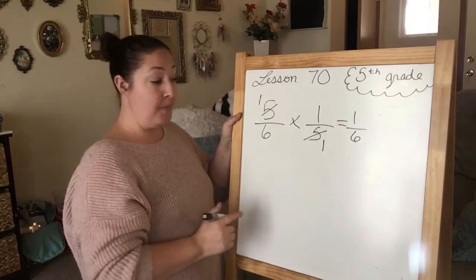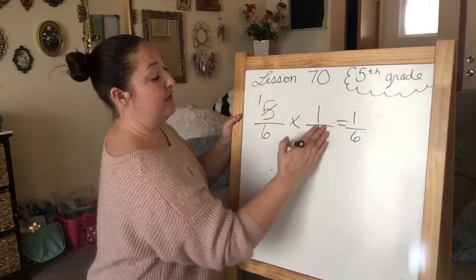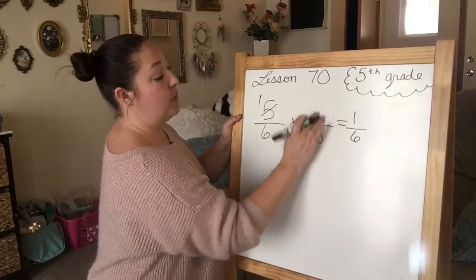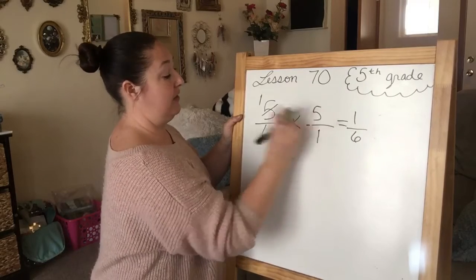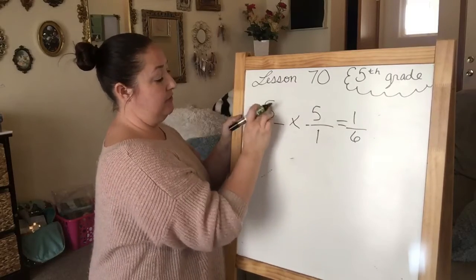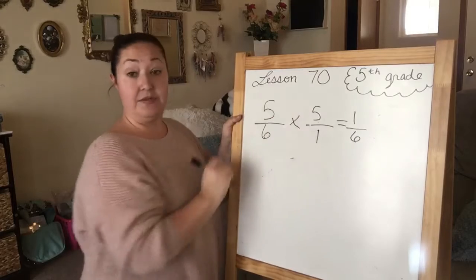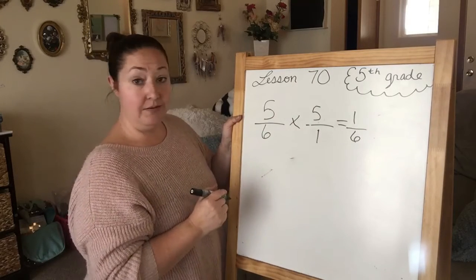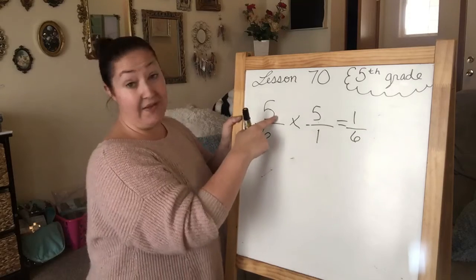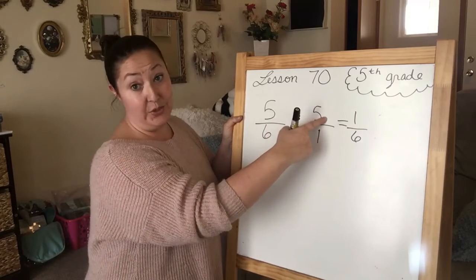But what if the 5 was here? Let's see, there was a 1 here and a 5 here. Could I cancel out the 5s and just make them 1s? What do you think? No, because this 5 is a numerator and this 5 is a numerator.